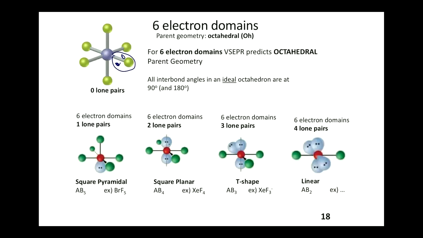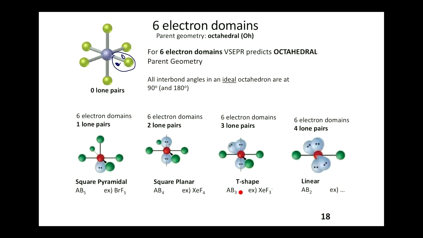Just like our bent arrangement, remember how there are 2 ways to make a bent arrangement? There are 3 different ways to make a linear arrangement, and 2 different ways to make a T-shaped arrangement. Do look into how you get those. It's differing amounts of lone pairs with the same number of bonds.